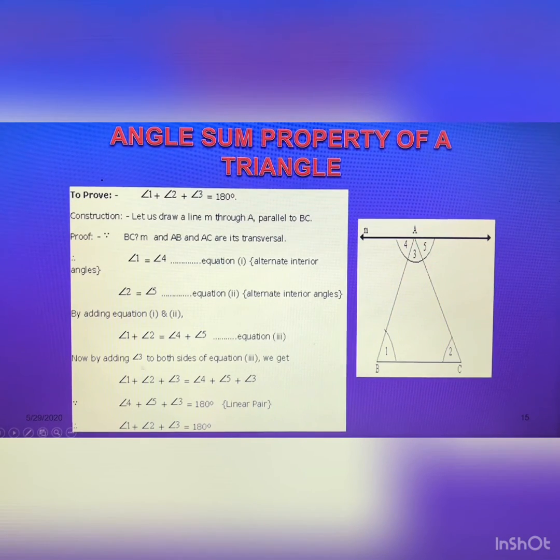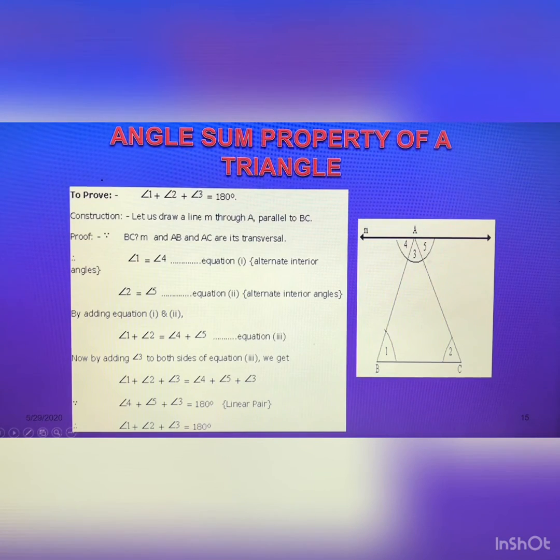Now by adding angle 3 to both sides of equation number 3, we add angle 3 on the left hand side and angle 3 on the right hand side. So what you get? Angle 1 plus angle 2 plus angle 3 equals angle 4 plus angle 5 plus angle 3. But you know that angle 4 plus angle 5 plus angle 3 is a straight line. Clear or not?